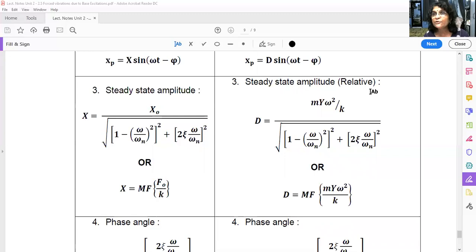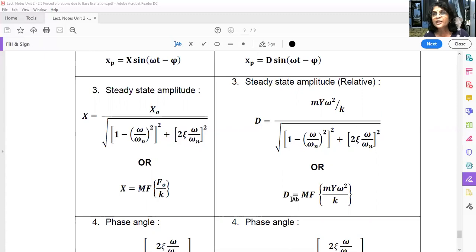What is the steady state amplitude here? That is the relative steady state amplitude, which is given as capital D is equal to, again the formula is the same, F0 upon K. So put the value of F0 here. We know F0 is equal to M Y omega square upon K, upon the whole square root. Okay.